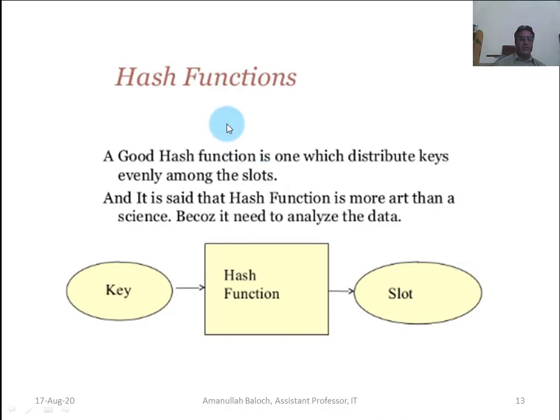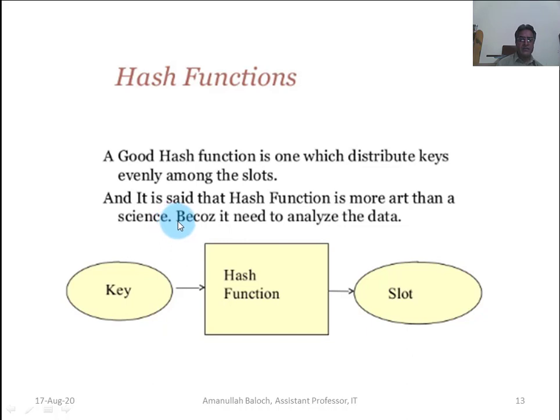Hash function: a good hash function is one which distributes keys evenly among the slots. That is, all the keys should be managed in the available slots. Such a function is called a good hash function, and it is said that a hash function is more of an art than a science.